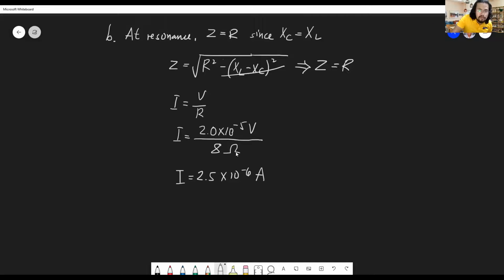We can also say that this is 0.0025 milliamperes.